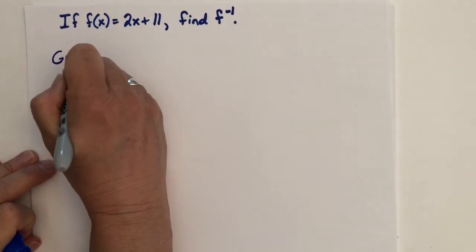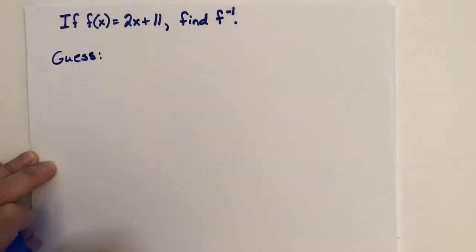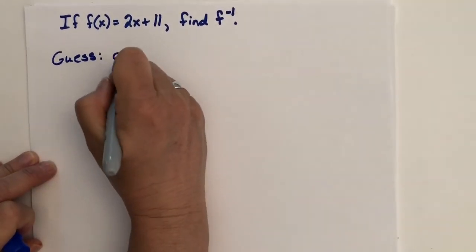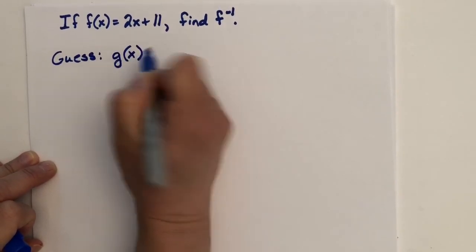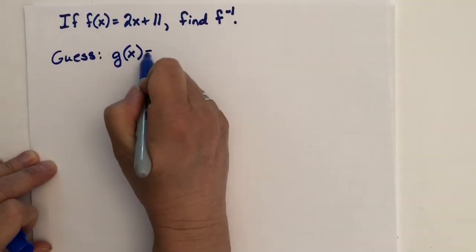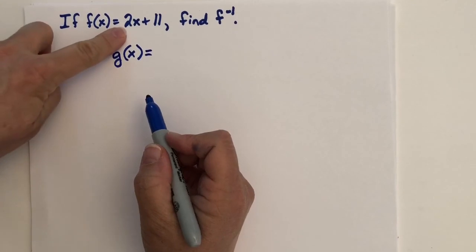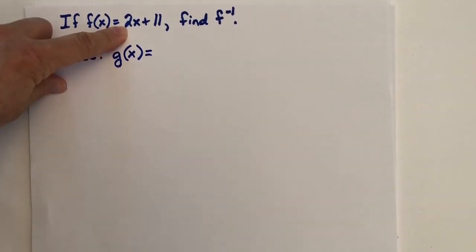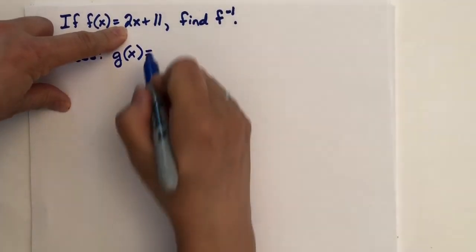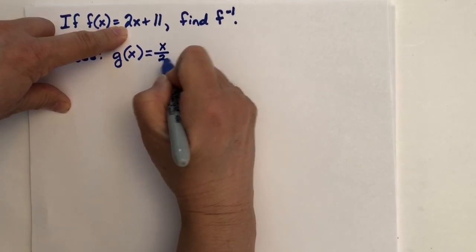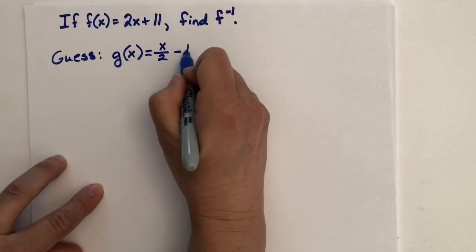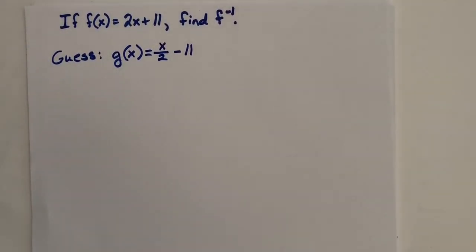We'll guess, and I'll just tell you a common guess for people. I'm going to use g because we do not know if it's the inverse. Let's just make a guess. This is very common. People see a multiplication with 2, so they decide that dividing by 2 would undo that. There's a plus 11 and make it a minus 11.